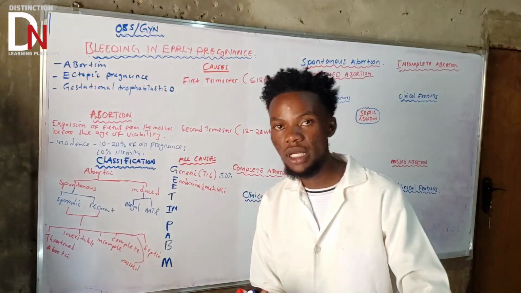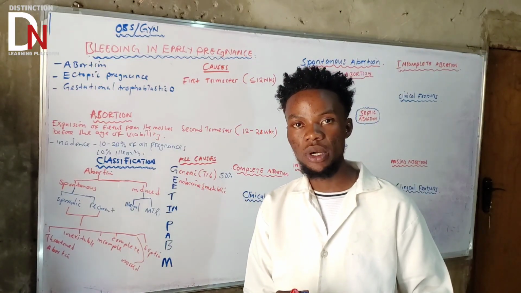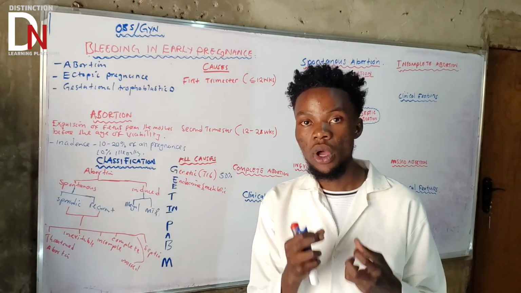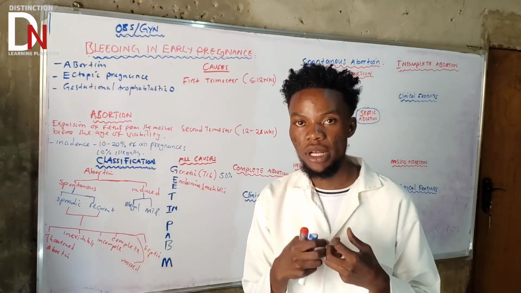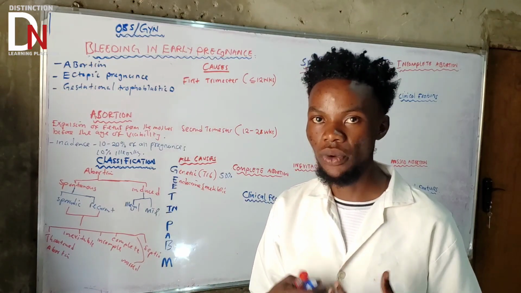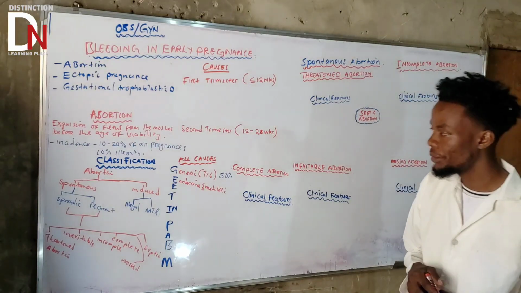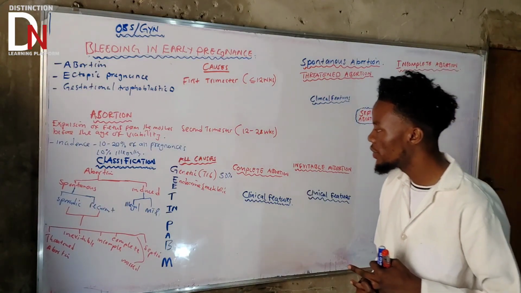If fertilization happens, there will be abortion, because there is no proper environment for implantation and placentation, the development of the placenta. So it can lead to abortion. That's under the luteal phase defect.